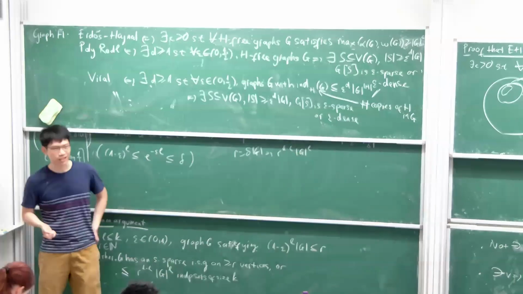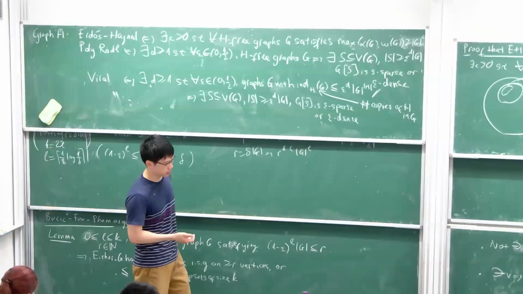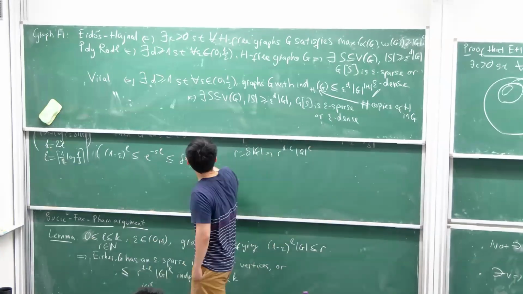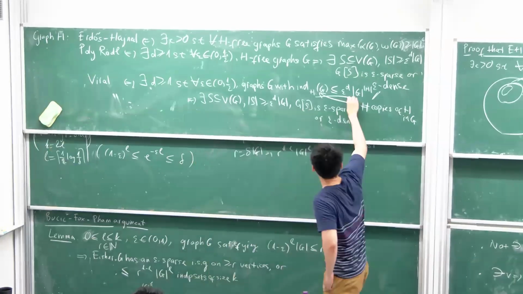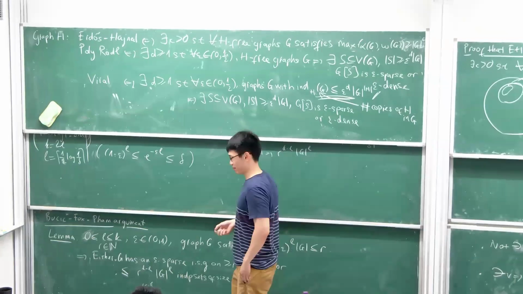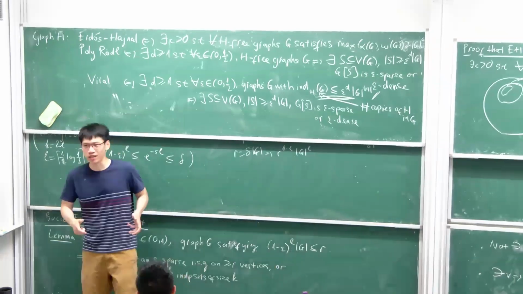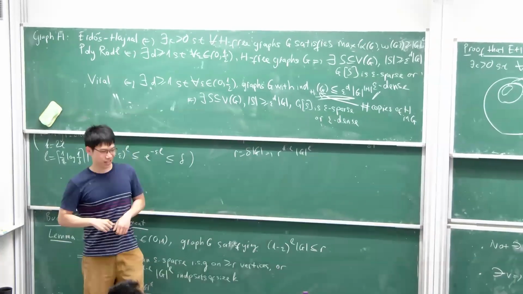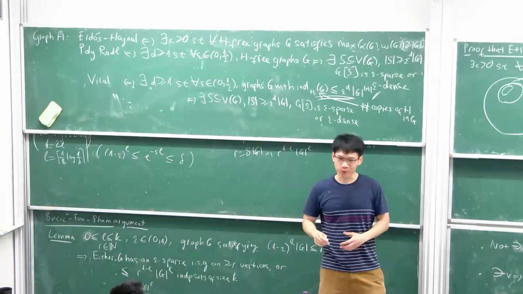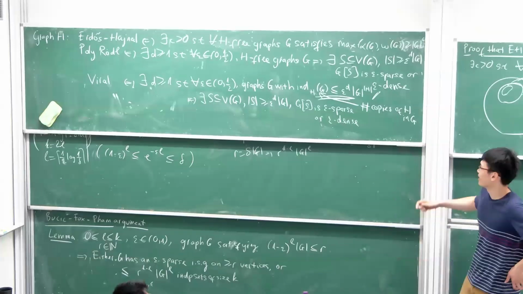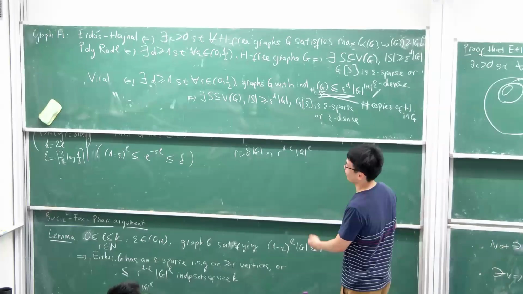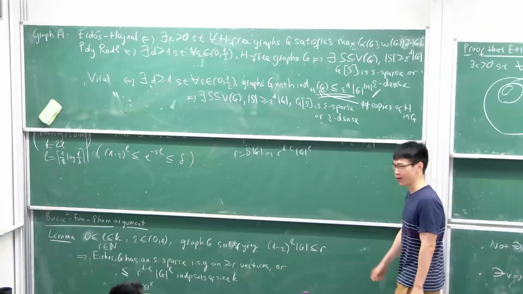He said, okay, viral comes from virus, and this condition, containing this many induced copies, means that the graph G is infected with so many viruses which are H. That's why the name viral popped up. It has become an official name, and it's in almost every paper now.